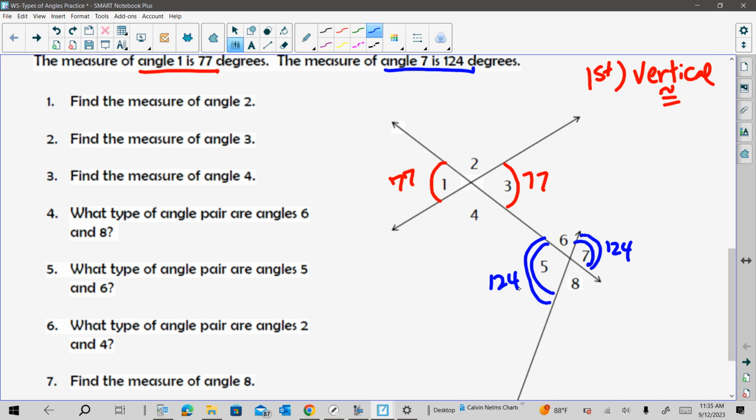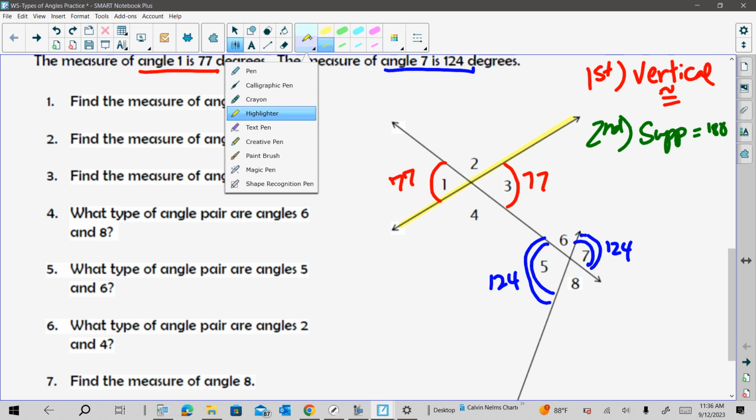So now that I have all my vertical marks, all I have to do second is look for supplementary angles. Okay, because supplementary angles equal 180. Supplementaries are the same as a straight line. So if I'm looking, for example, on this line here, 1 and 2 would be supplementary.